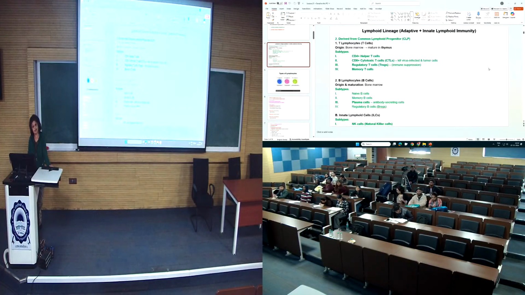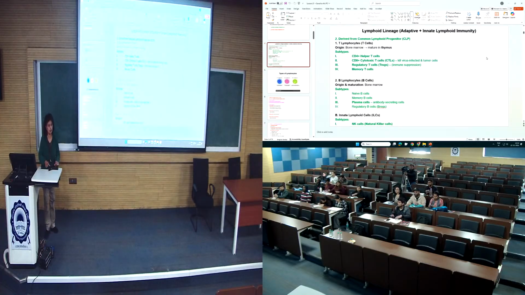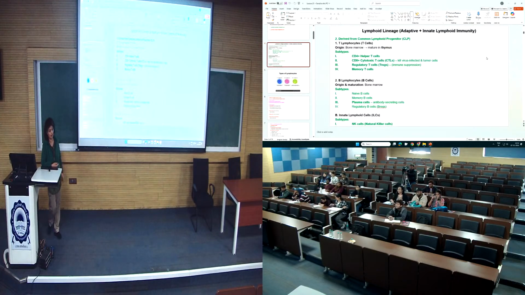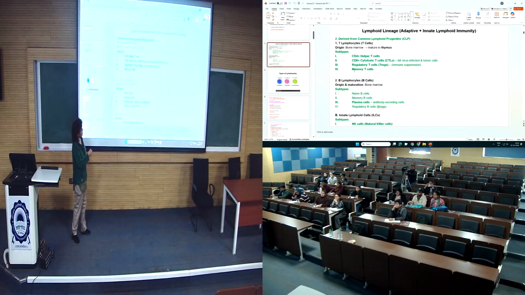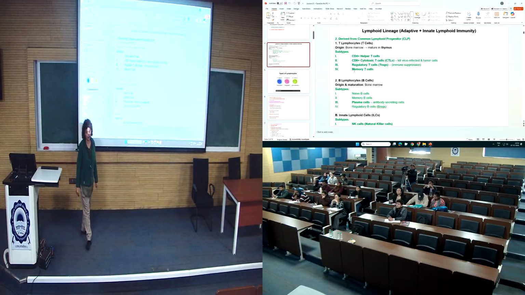So let's start again. Before I show you the role of CTLA4, which is also an immune checkpoint, I want to remind you about these T cells here. Remember when I told you about the T cells, there are CD4 helper T cells, CD8 cytotoxic T cells, and memory T cells, but there are also these Tregs.